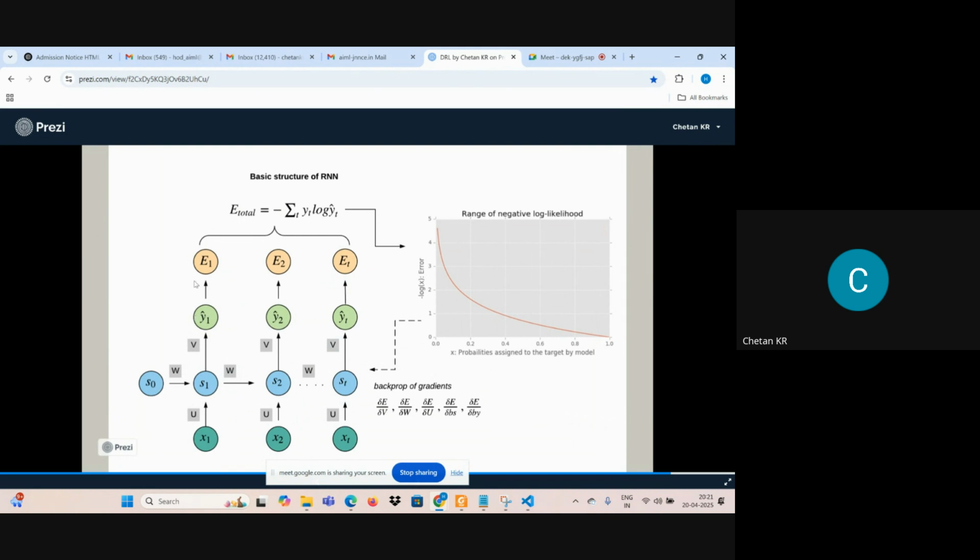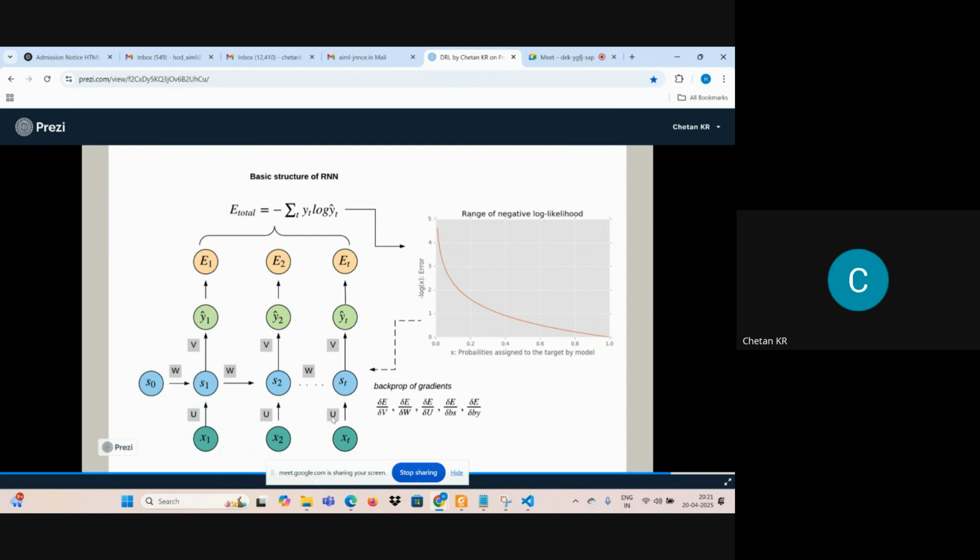The actual y1 is y. The difference between actual y1 and y, and its derivative, is called E1. E1 is the gradient at time instance 1. E2 is the gradient at time instance 2. E3 is the gradient at time instance 3.